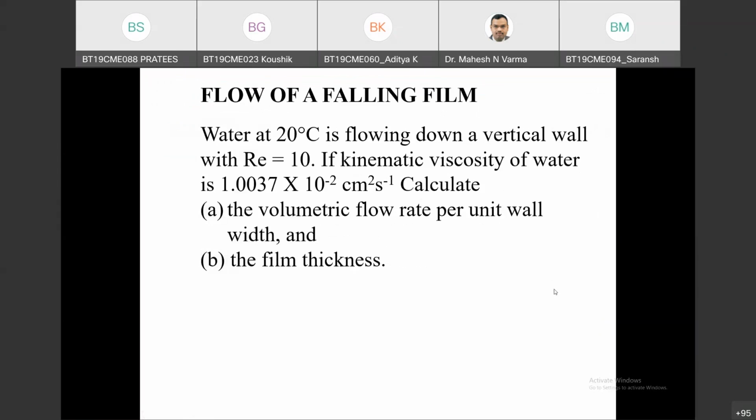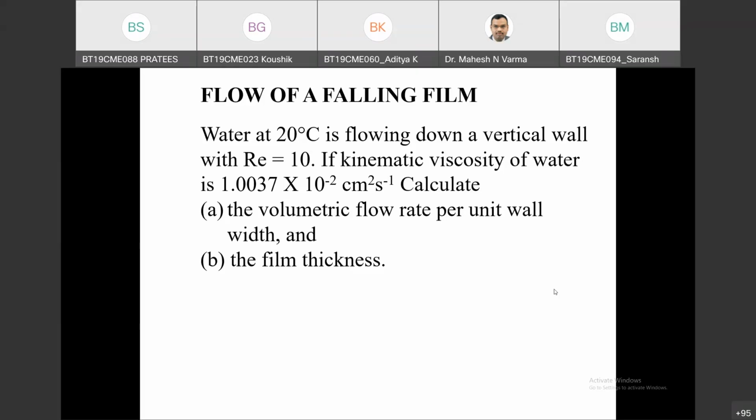Reynolds number is 10. If the kinematic viscosity of water is given, calculate the volumetric flow rate per minute, wall width, and film thickness. You can use the model equation which we derived for flow over flat plate. Only this is the vertical wall.